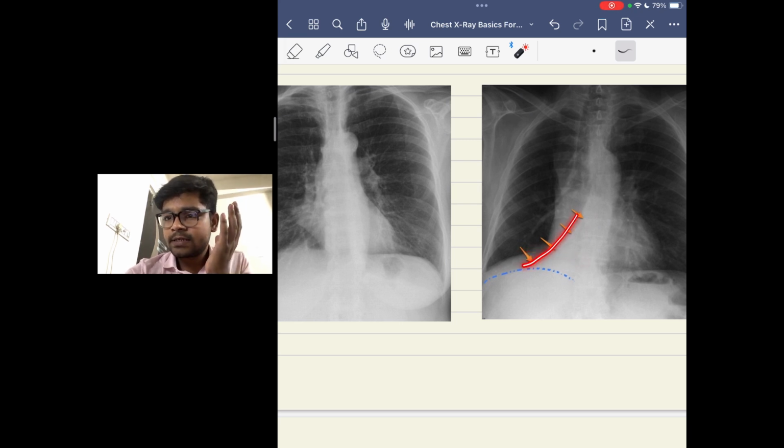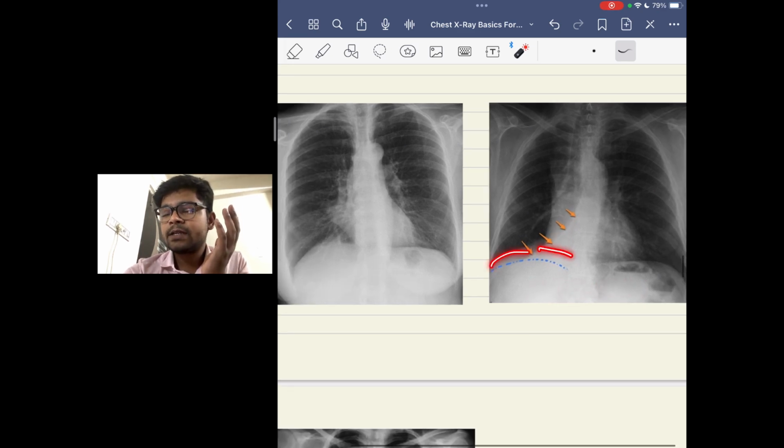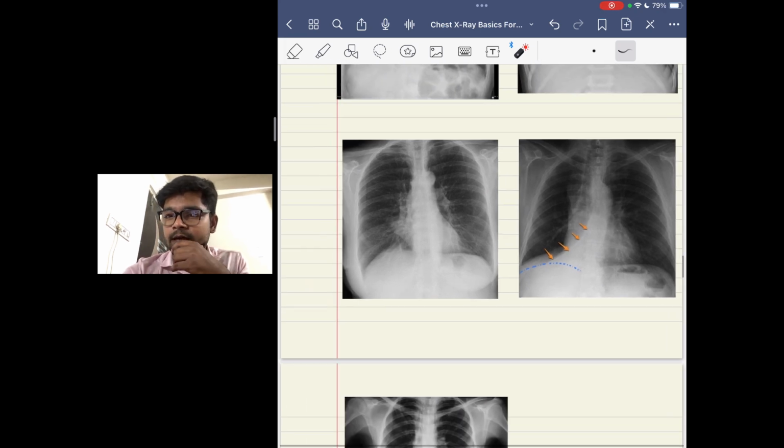So this opacity is the right lower lobe collapse. How do I know that? The diaphragm can't be traced to its medial aspect. Right, and see this X-ray, the diaphragm is looking like this, it is not looking like this. There is tracheal pull to your right side.